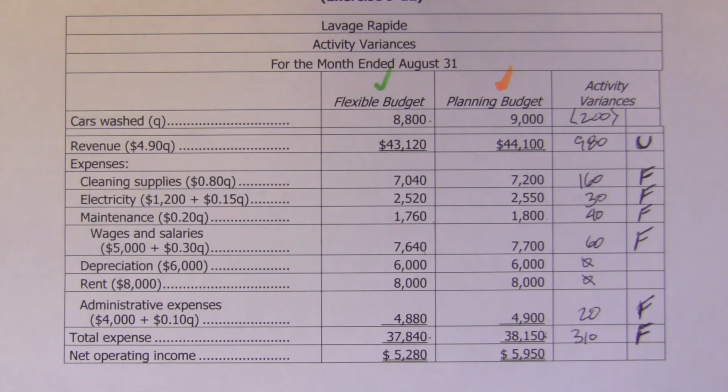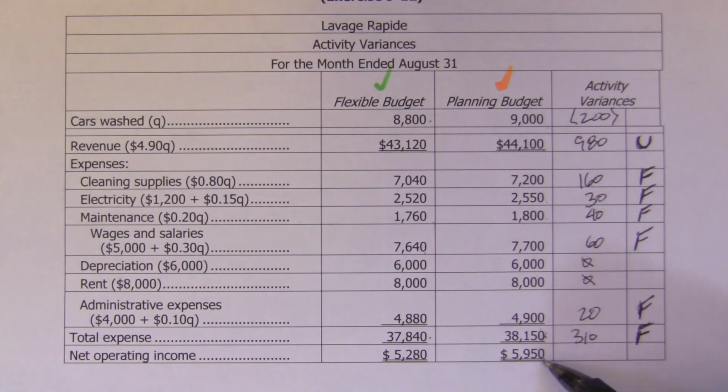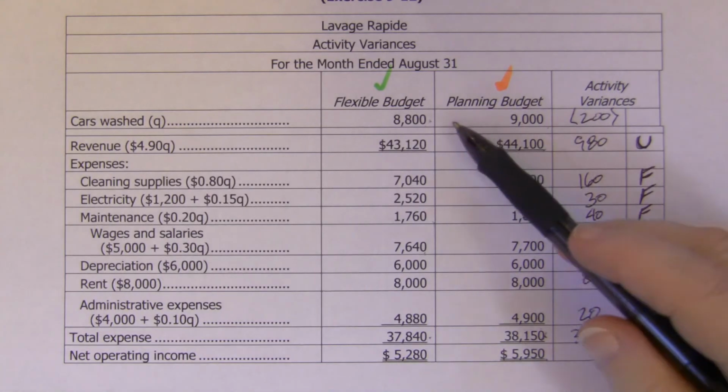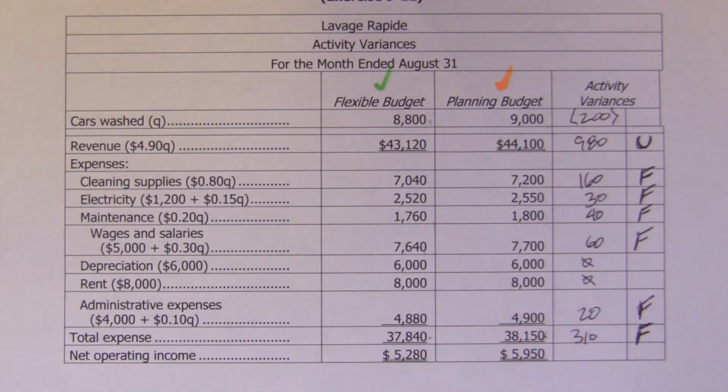And if you look at our operating income, had we done 9,000 cars, we expected we would have made 5,950. However, since we expect that we're only going to do 8,800, we expect that our net operating income will go down $670, and that of course would be unfavorable.